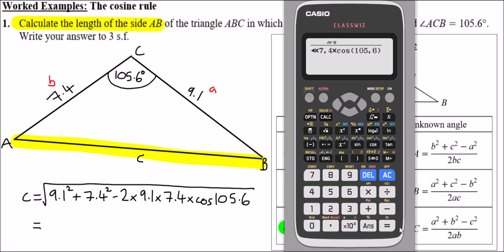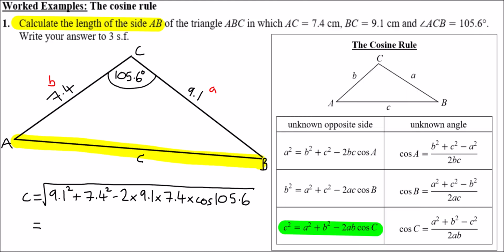Close brackets, press equals and hope for the best. It comes out at 13.2 centimetres to 3 significant figures. And so that's the answer we're going to write down. That is what we need. So 13.2 centimetres, in brackets, to 3 sig figs.